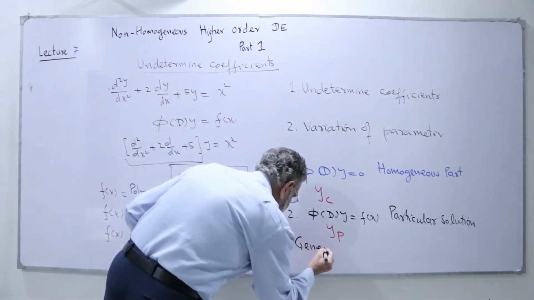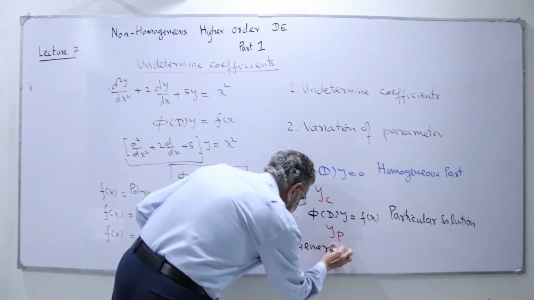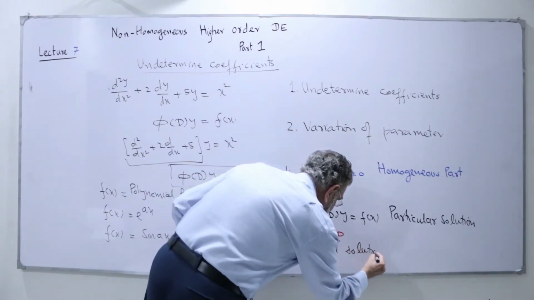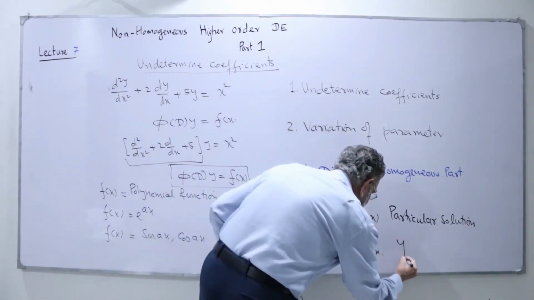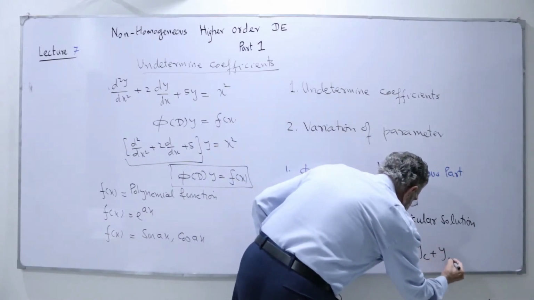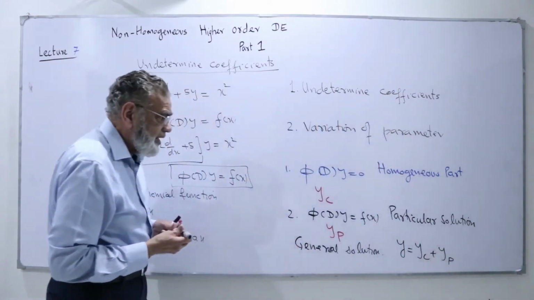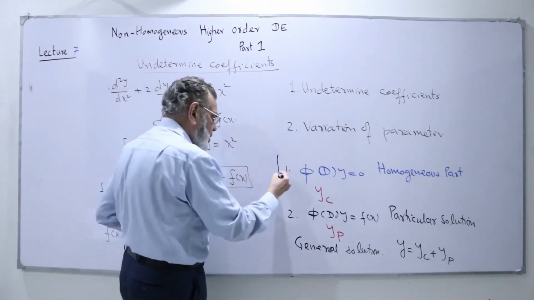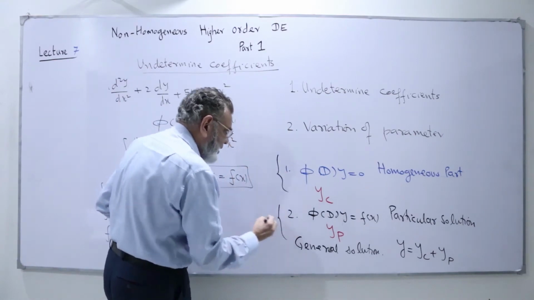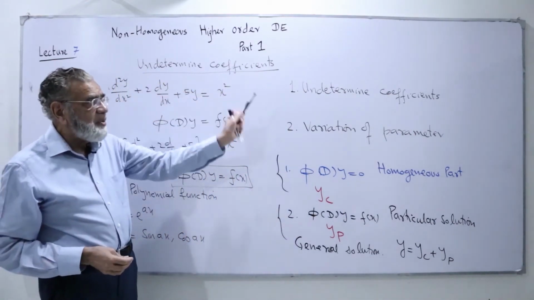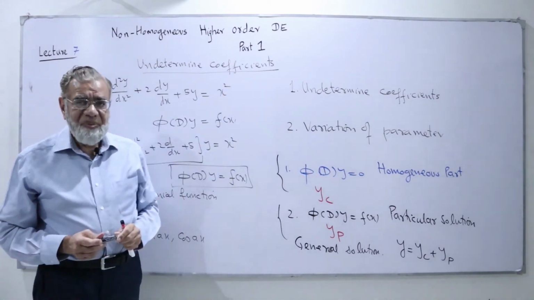My general solution will be the superposition of these two, as they are linearly independent, and we can write y equal to yc plus yp. That's my general solution. This part we know, and this part we will learn how to find. Again, we have two methods, undetermined coefficients and variation of parameters.